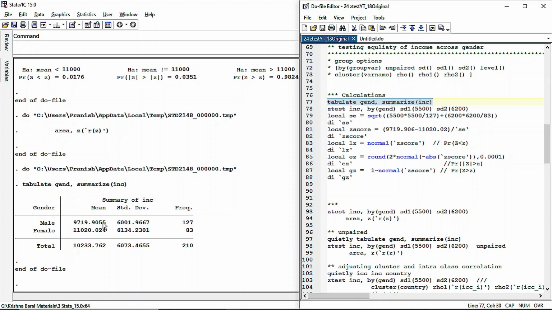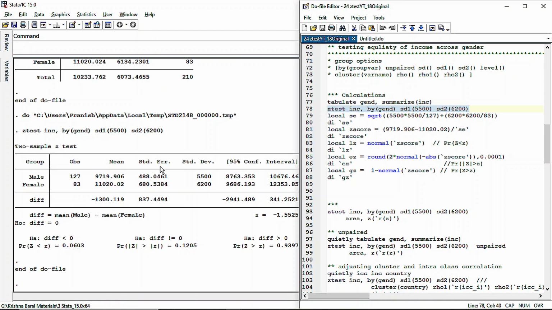First of all, let us perform the test, and we want to provide the population standard deviation for male and female. They are 5500 and 6200 respectively. The difference of the income is actually minus 1300. So can we say that the female earn more than the male, because the difference is negative over here?